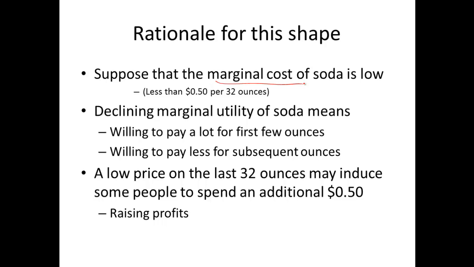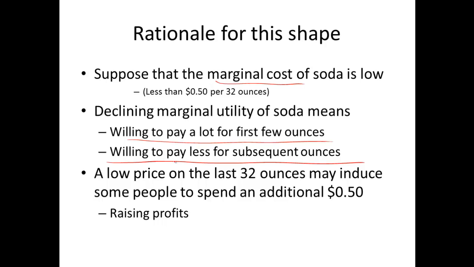So why might this budget constraint with this shape make some sense? Well, soda, like all other goods, probably has declining marginal utility. So that means an individual is willing to give up a lot of AOG to get the first few ounces, but probably willing to give up less to get subsequent ounces. Think about after you have 32 ounces, are the next 32 worth very much to you? Probably not.